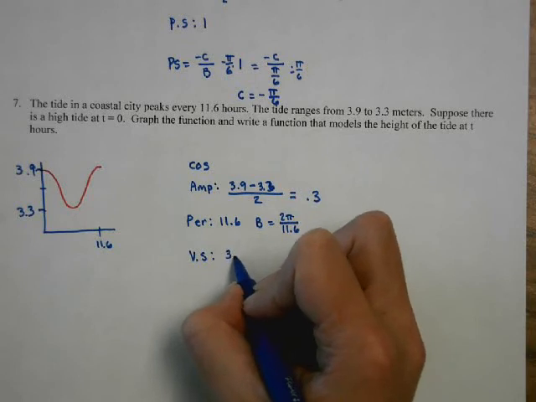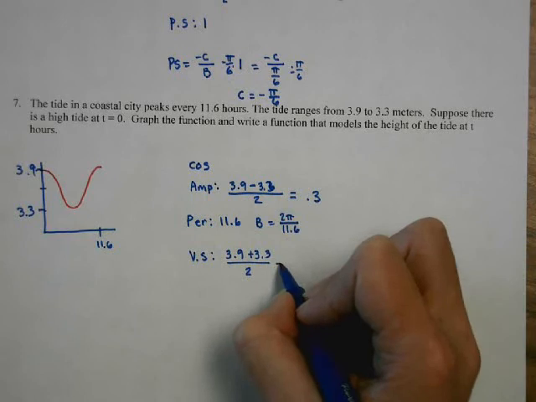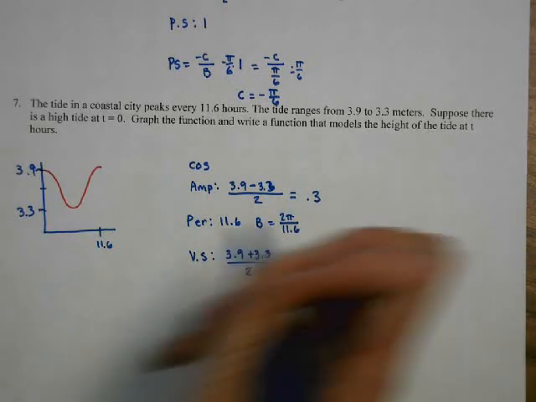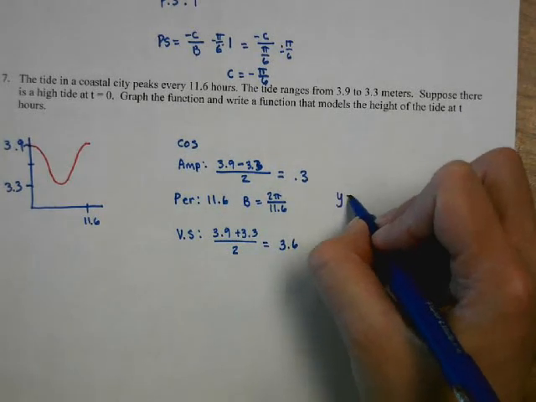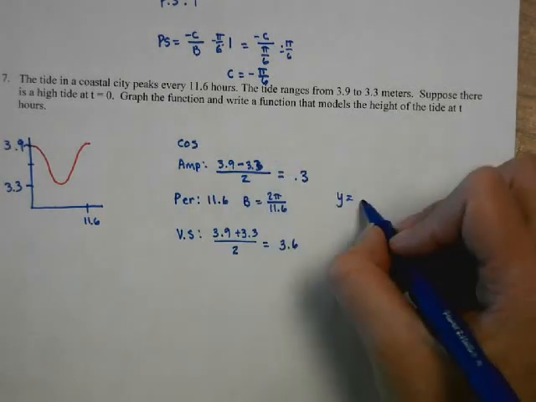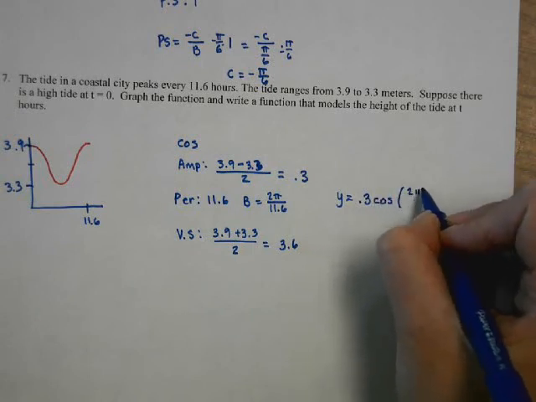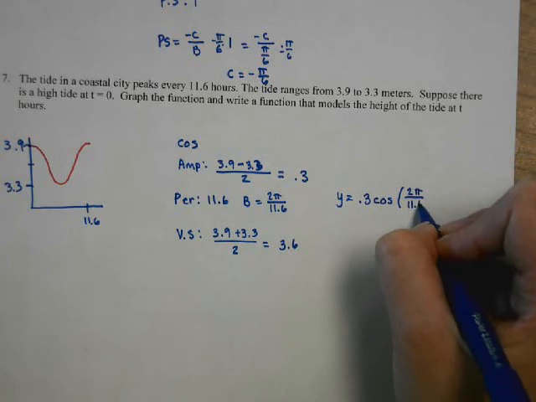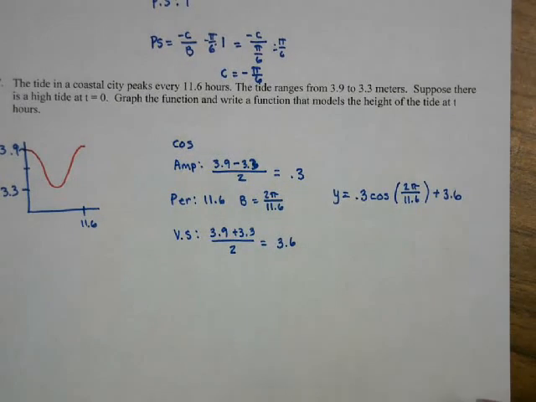So 3.9 plus 3.3 over 2, which is 3.6. So our equation is going to be y equals, it's a positive cosine, so 0.3 cosine 2 pi over 11.6 t plus 3.6. So these are just a couple of different scenarios where a sine and cosine curve represents these different situations.